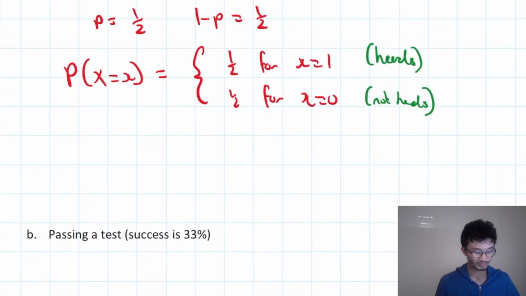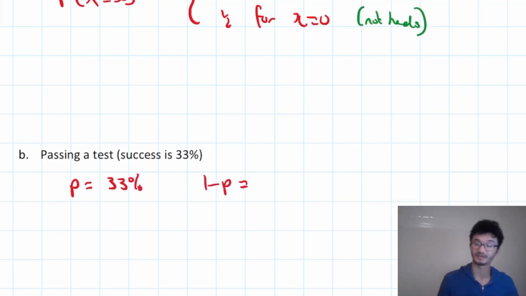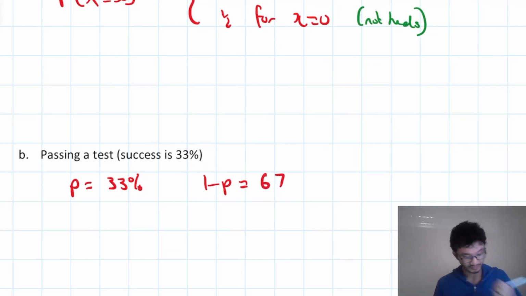So when I want to think about my probabilities, I've got my pass rate or my success being 33%, and then 1 minus p, well, I'm taking that away from 100%, so I've got 67% here.